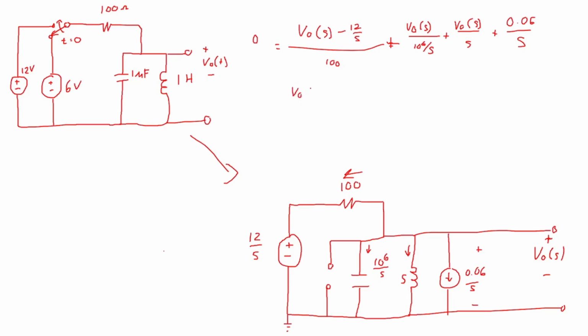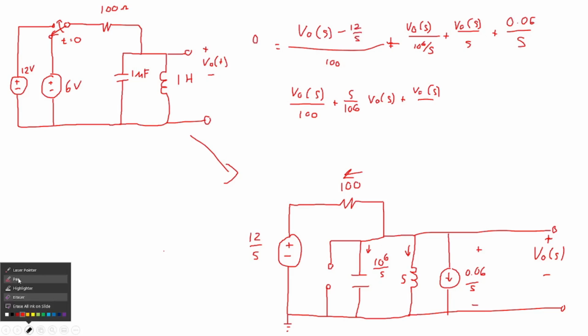So this is going to be V out of S over 100 plus, this is going to be S over 10 to the 6th, V out of S, that's a little bit cleaner. And then this is plus V out of S over S. And so then those are the V outs, and they're going to stay on one side. And then I'm going to move the 12 over S over 100 and the 0.06 over S to the other side.